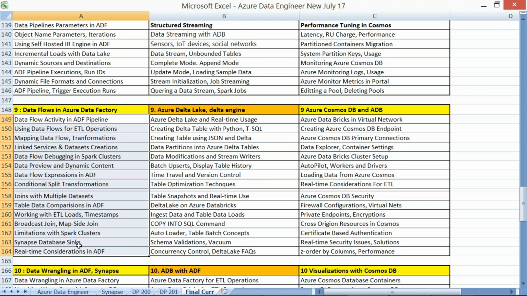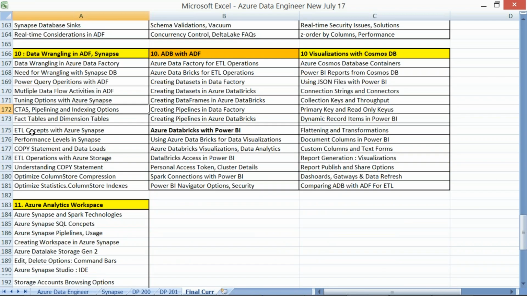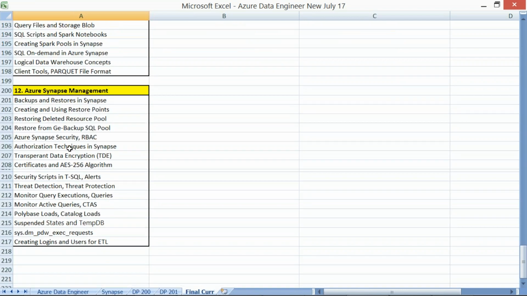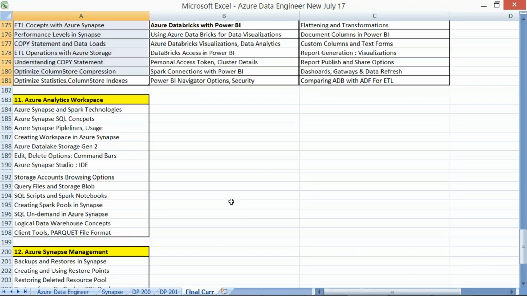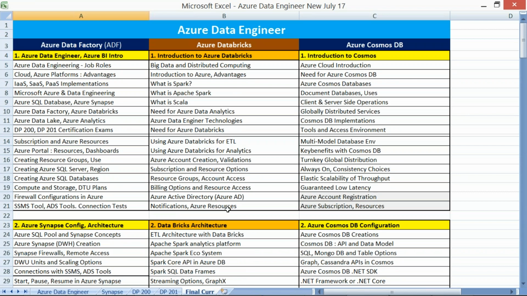We have something called data flow for ETL, and we have something called data wrangling, which is advanced data flow with Power Query operations in Azure, tuning options in the Synapse environment, Synapse analytics, and Synapse management activities and security. That's 12 chapters for the ADF or Azure BI course.